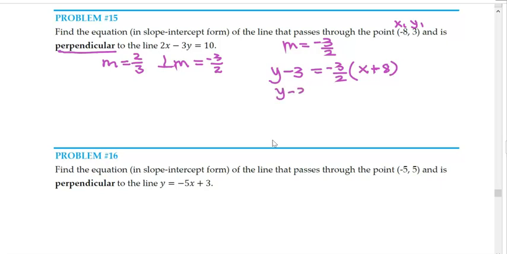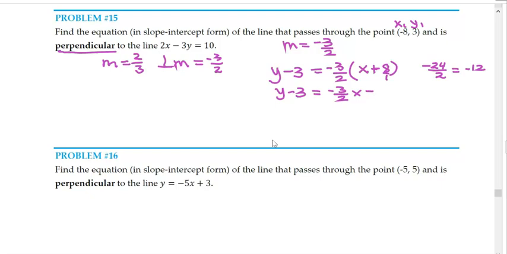So y minus 3 equals negative 3/2 x. And now I need to do negative 3/2 times 8, all right? So across the top, across the bottom there. So that's going to give me negative 24 over 2, and negative 24 over 2 is negative 12.